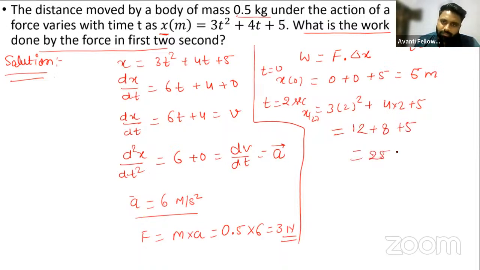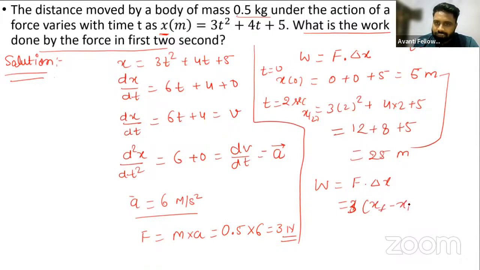It is 25 meter. Now the work done is F into delta x, which means force 3 Newton has displaced this from 5 meter to 25 meter. So delta x is nothing but x final minus x initial. Final you have 25, initial you have 5, so you have 60 joule.